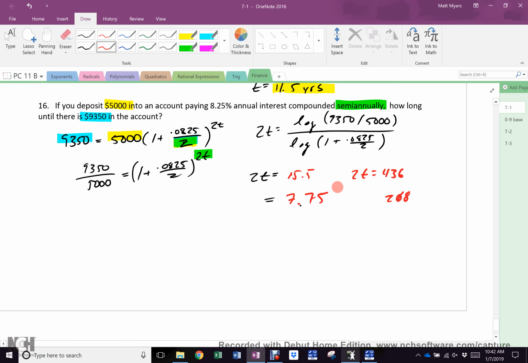So, good thing you checked. But that's what happens when you try to punch it all in at once, right? So, no, I'm saying for me, when I punched it all in at once the first time, I got 436 years. 218 years. That I knew was wrong. Then I punched it in again, and I got 30.66. Right? And now, when I go up and look, yep, I just go find that 30.66.